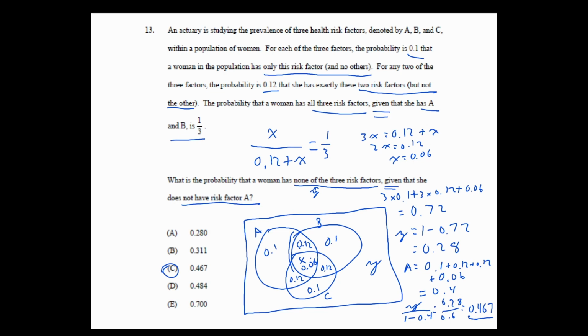From when I took exam P, this really felt like a question that would appear on the exam, because even though it has basic probability, they add twists and turns to the question, such as the last sentence of the first paragraph, where they say the probability that a woman has all three risk factors, given that she has A and B, and things like the actual question, what's the probability that a woman has none of the three risk factors, given that she does not have risk factor A. So that word given, you should already be thinking that you're going to have to deal with the subpopulation, and that subpopulation is going to be the denominator.